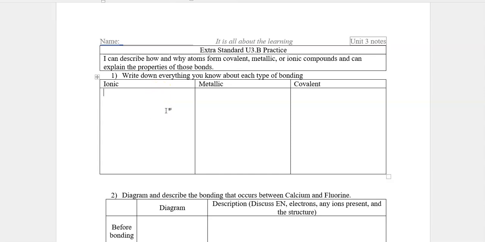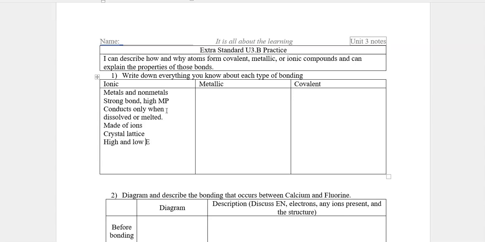Well, we kind of just did that on the previous page, but ionic is metals and nonmetals. Strong bond, high melting point, conducts only when dissolved or melted, made of ions. What else? Crystal lattice, high and low electronegativity.